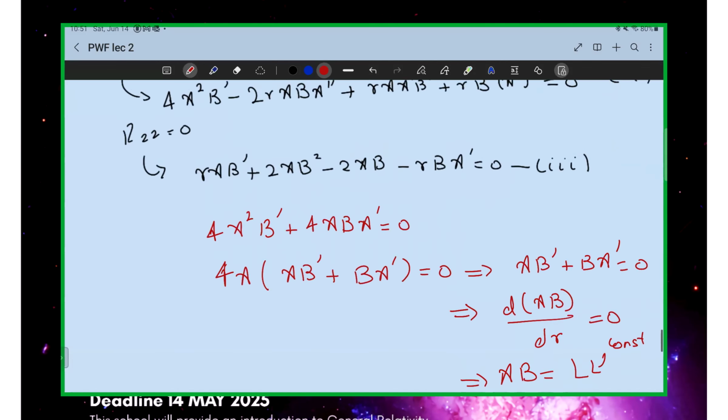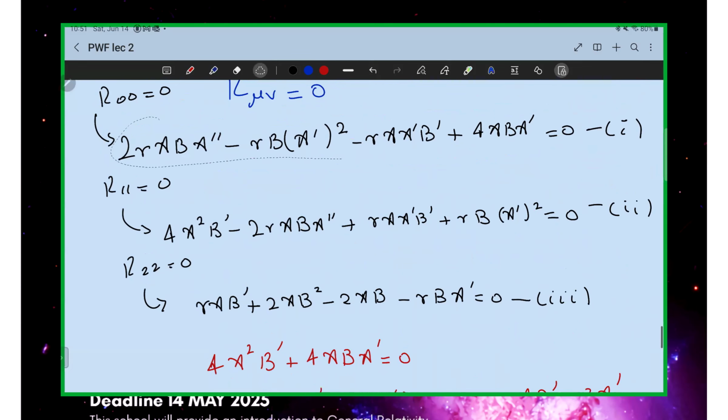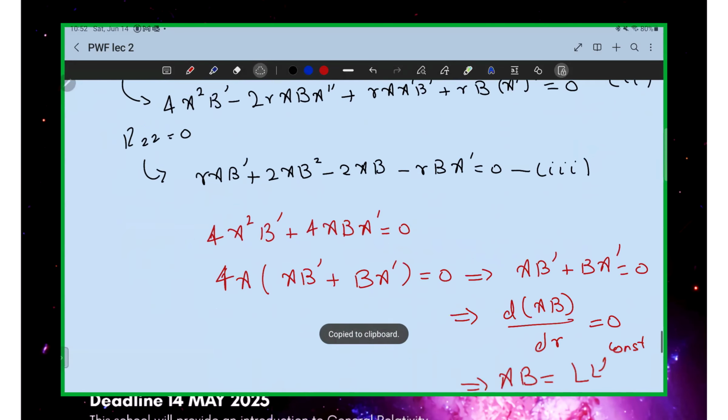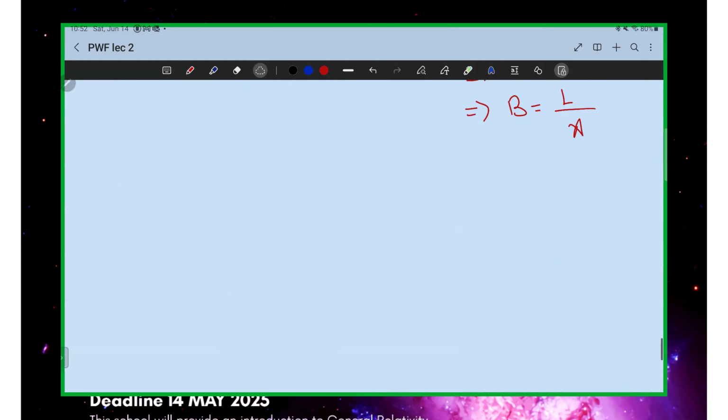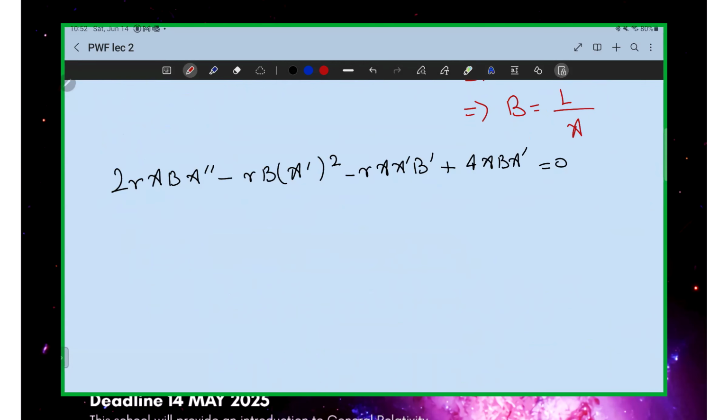If you put it in 1, let me copy 1 here. Although this algebra that I'm going to do can be done by you as well, because it's not that hard. But still, let me do it because it shouldn't take that long. So let's see what happens. 2R AB, now AB is L, A double prime minus R B. Now B is L over A, so A prime squared minus R A prime.